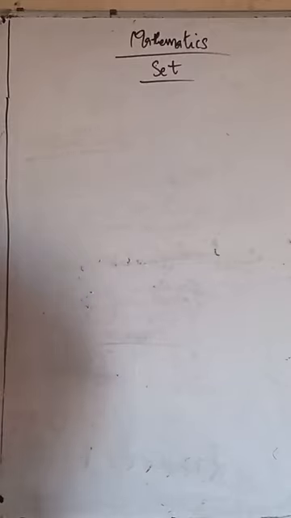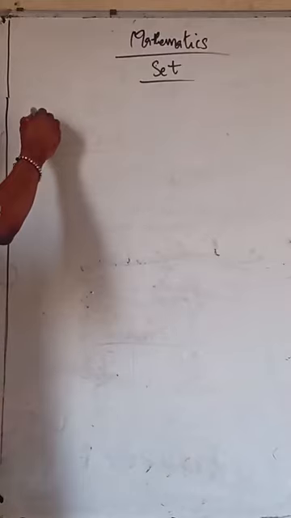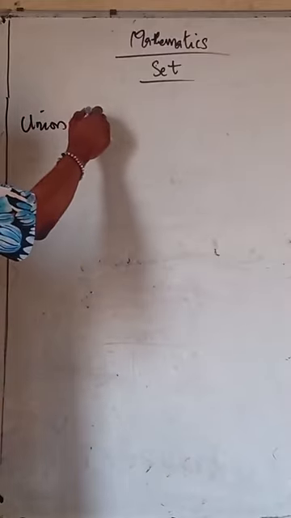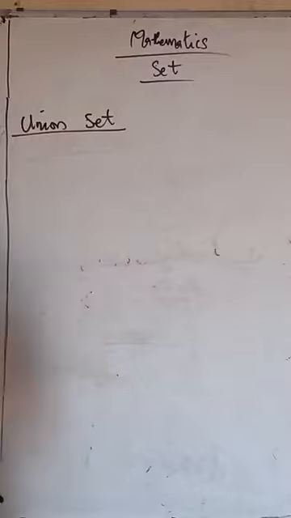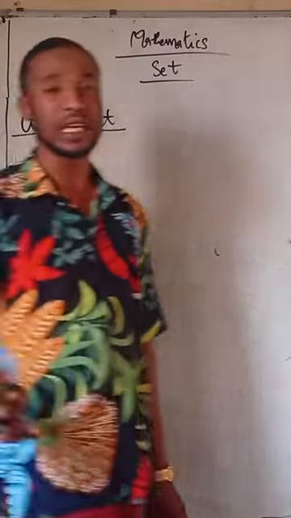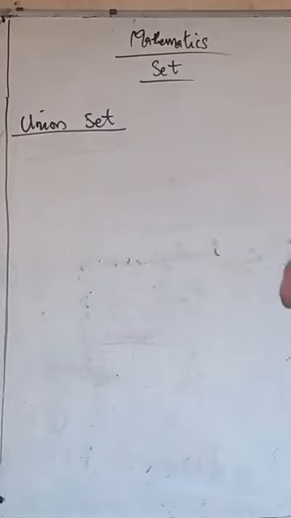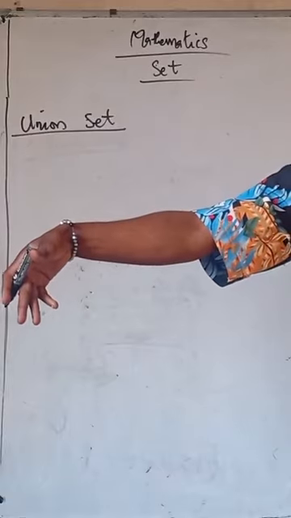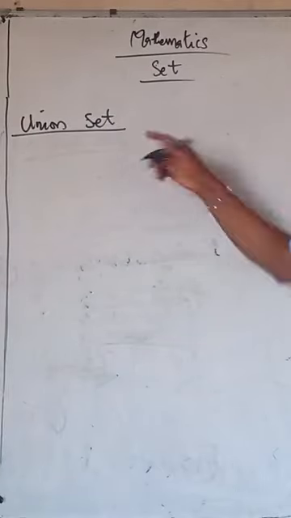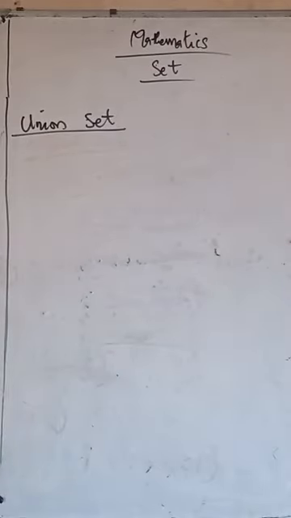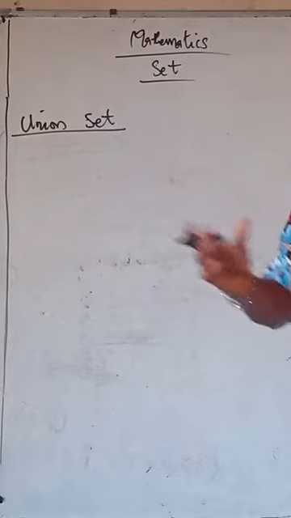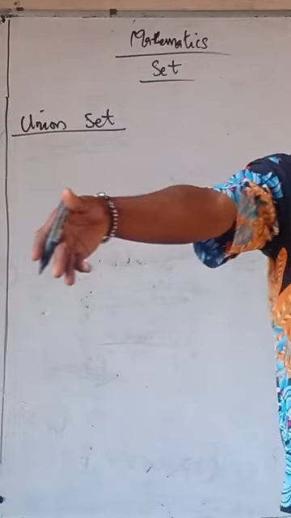First of all, I'll be taking union set first. Now, what is union set? Union set is a set of 2 different sets that produces a third set. Union set is a particular set and another set combined together to give another set.